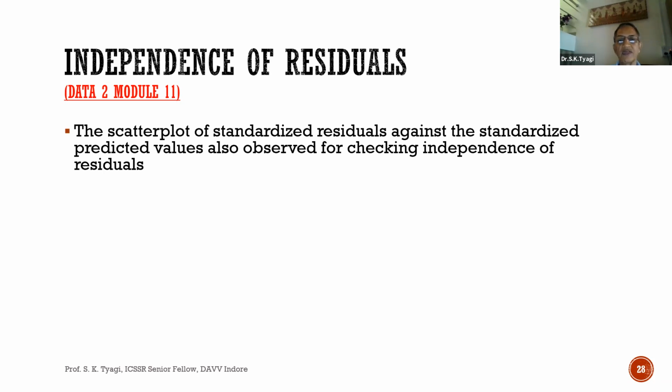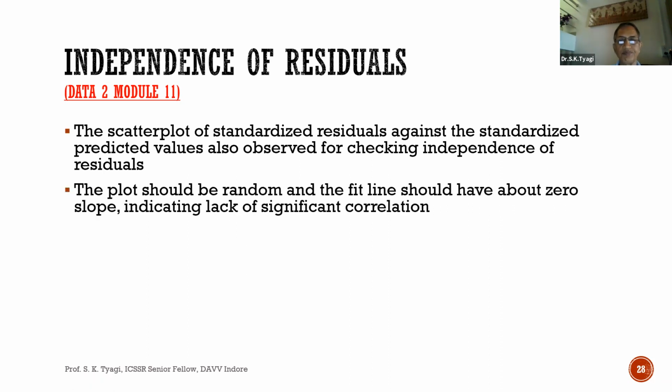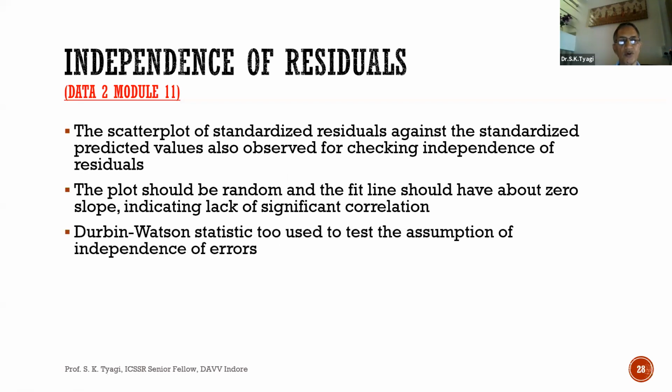This is checked through the same graph which we just now plotted, standardized residual against standardized predicted value. This plot should be random and the fit line should have almost zero slope, indicating lack of significant correlation. This is also known as lack of autocorrelation. There should not be autocorrelation.